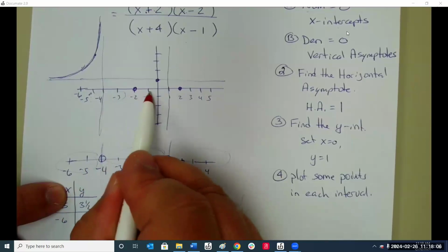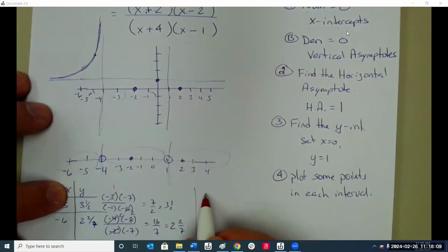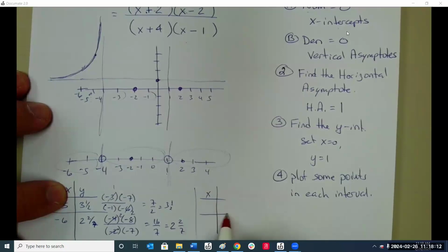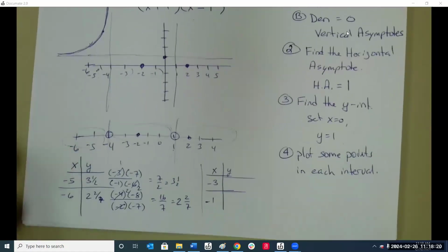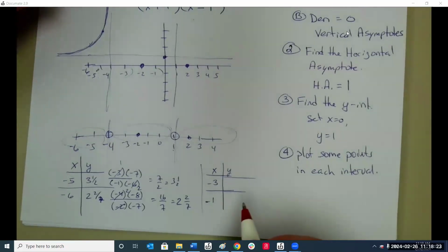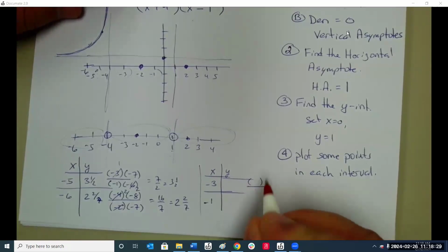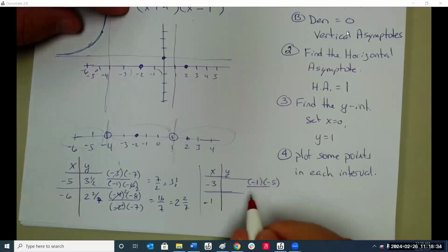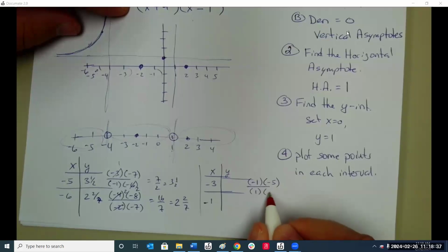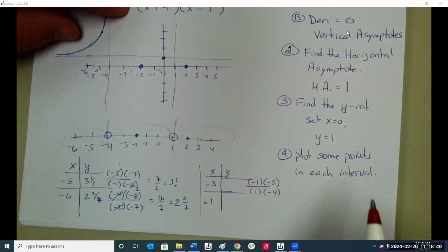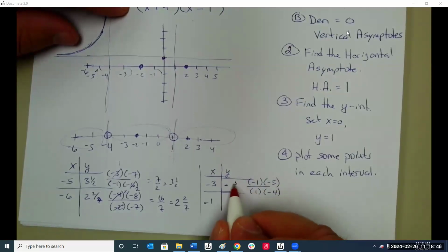So we plot the other points. -3 and -1. -3 plus 2 is -1. -3 minus 2 is -5. -3 plus 4 is 1. -3 minus 1 is -4. The answer is going to be negative 5/4.